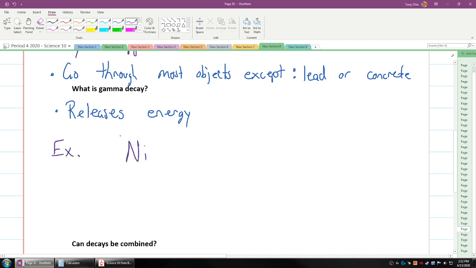Nickel 60 is a radioactive nucleus. Now how can I show this is radioactive? Well, I could put a little star at the top right corner to show that this is a high energy nickel. Once this undergoes gamma decay, it's going to spit out a gamma particle.